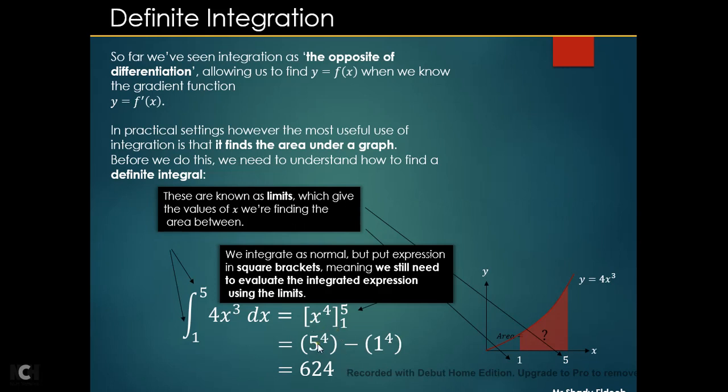We got 5^4 by substituting 5 instead of x, and we got 1^4 by putting 1 instead of x here. And of course, because it's x^4, it will be 5^4 minus 1^4. Don't forget that.